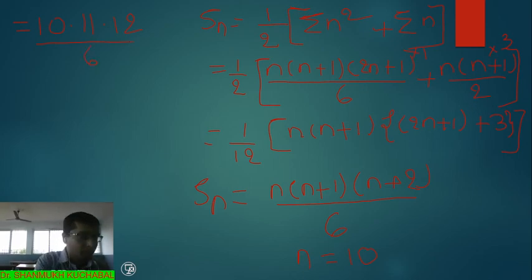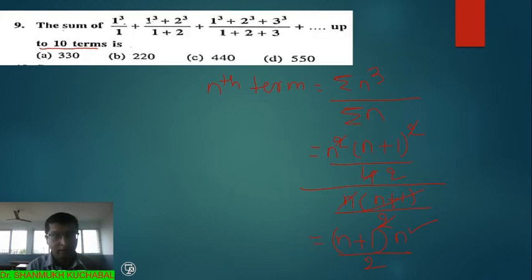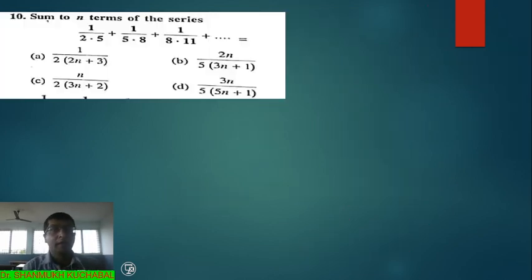If you simplify this, we get 220 as the answer. Therefore the sum of 10 terms is 220. Option B, 220, is the right answer.